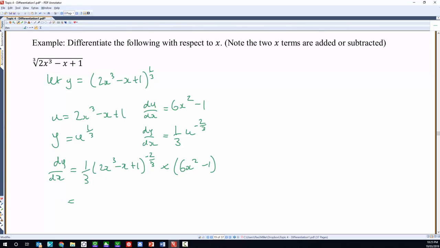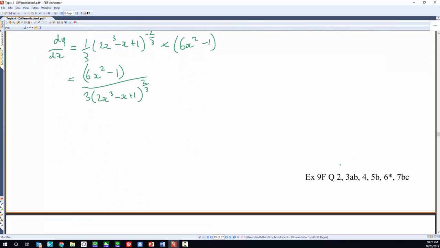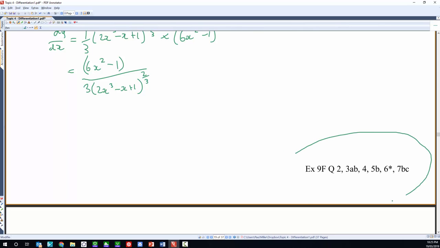All right, I'm going to grab the negative power, drop it into the denominator, and multiply the numerator, or 1, by this number here. So I'm left with 6x squared take 1, and keep the brackets or remove them at this point if you want, over 3, 2x cubed take x plus 1 to the 2/3 expressed as a positive. Okay, so that was the last example I did, and the bell got us.